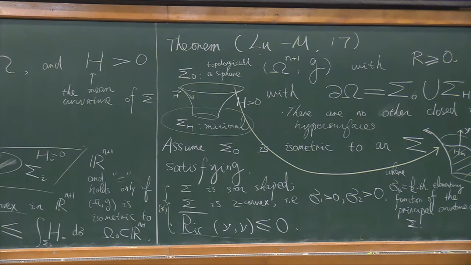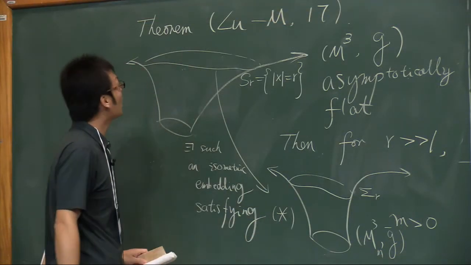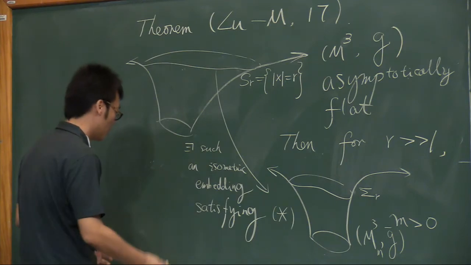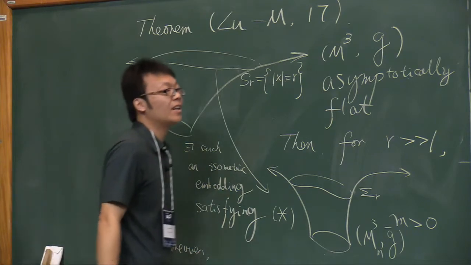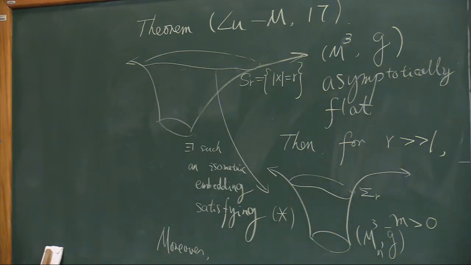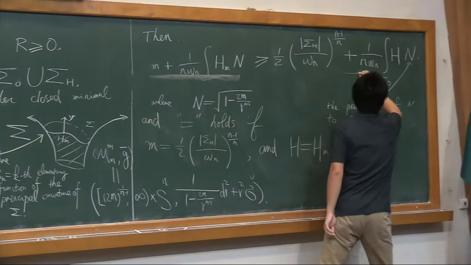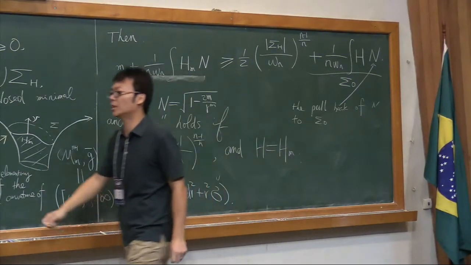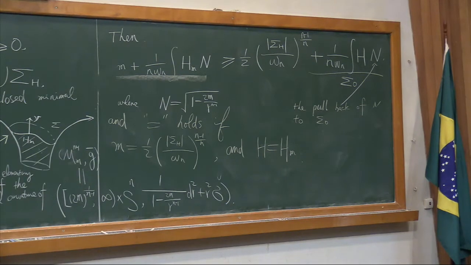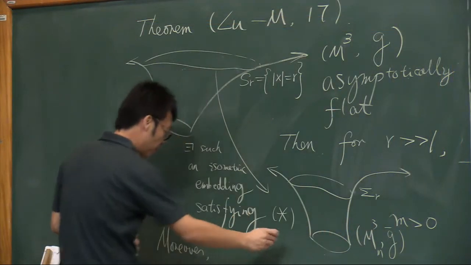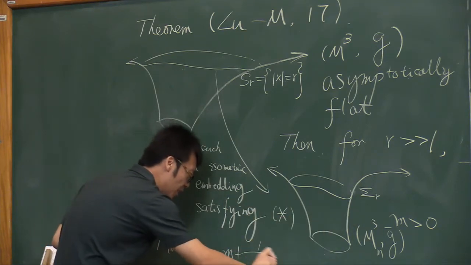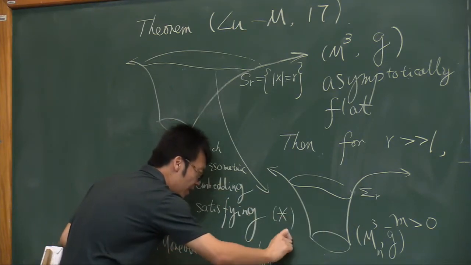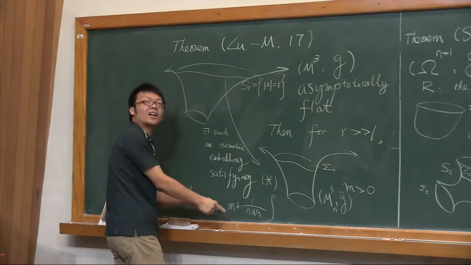Moreover, one can show that a quasi-local mass type quantity coming from this inequality has the property that it goes to the total mass. So moreover, if you take m of the target space, m, plus 1 over n omega n times the integral, well, in this case, n is 2.